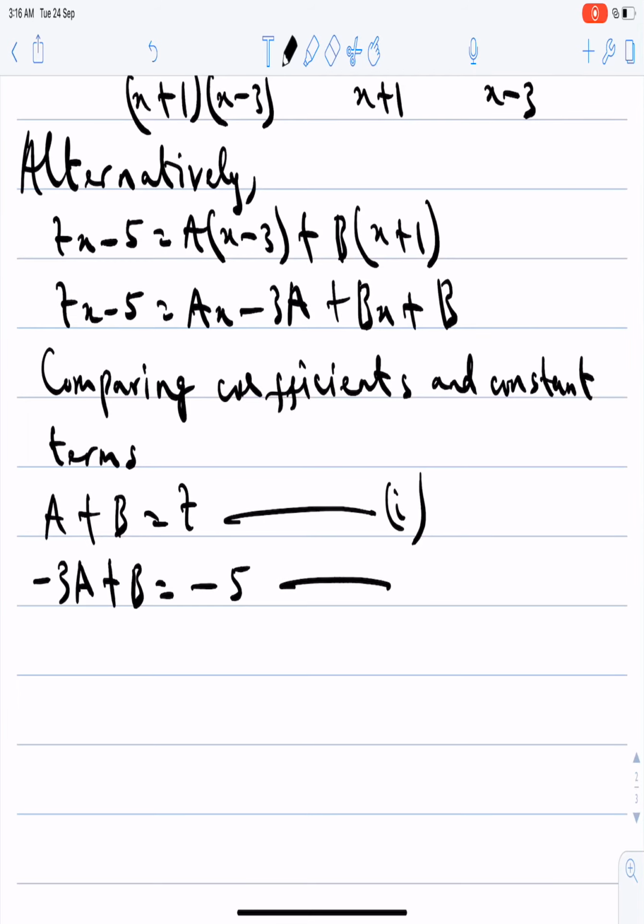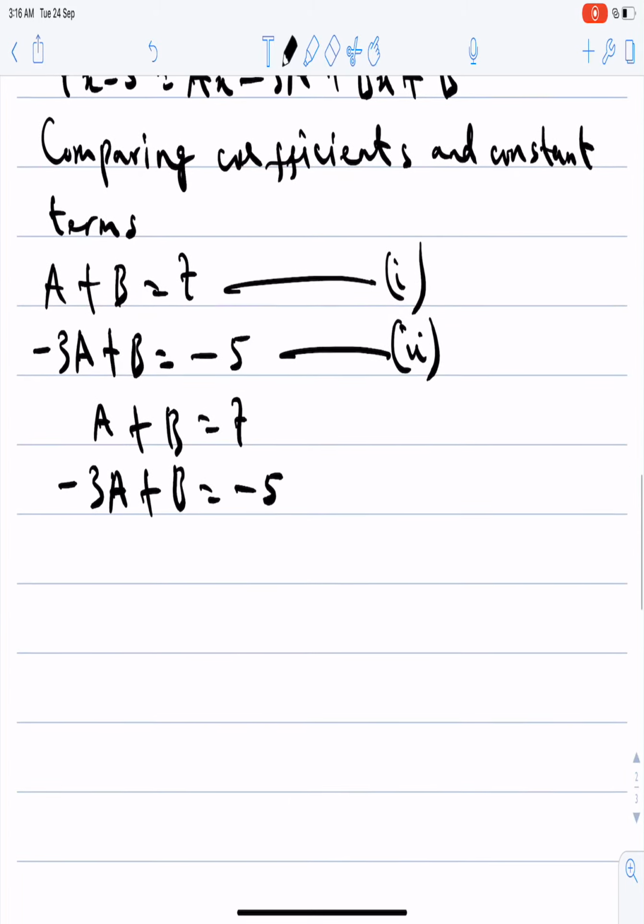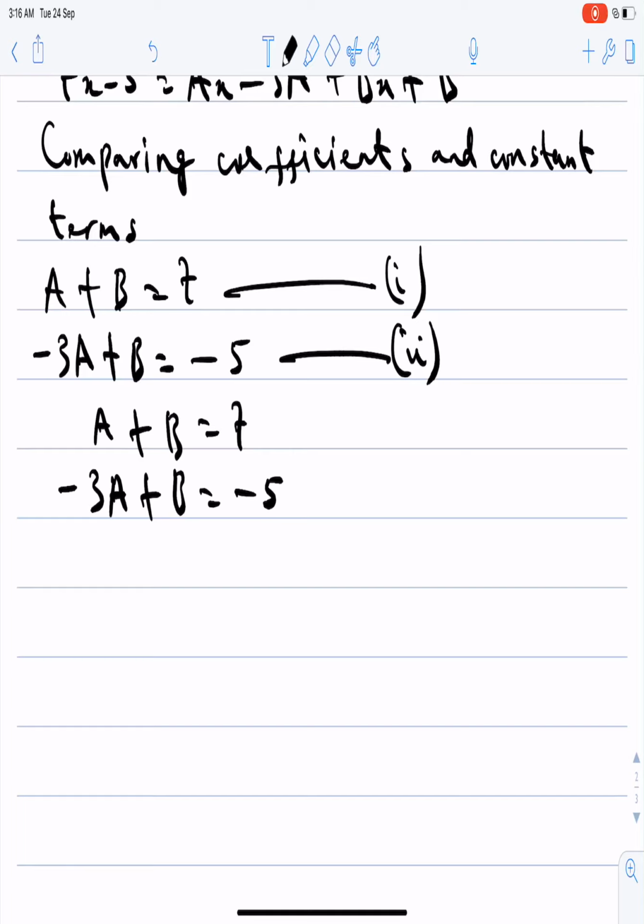That's another equation, which I'm naming 2. So I can solve the two equations simultaneously to obtain the values of a and b. Minus 3a plus b equals minus 5. B already has the same coefficient in the two equations, so I can simply subtract equation 2 from 1 to eliminate b.